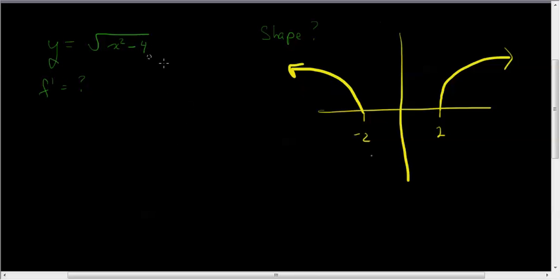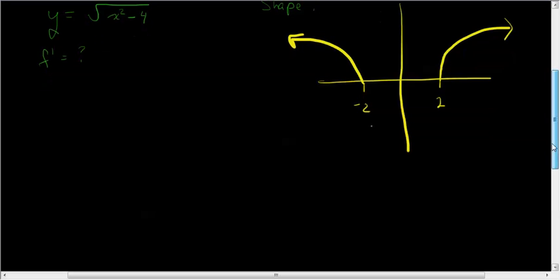Now we're asked to find f prime of this thing. How do you find f prime of that? Okay, again, it's a piecewise function, right? So let's look at what our pieces are.